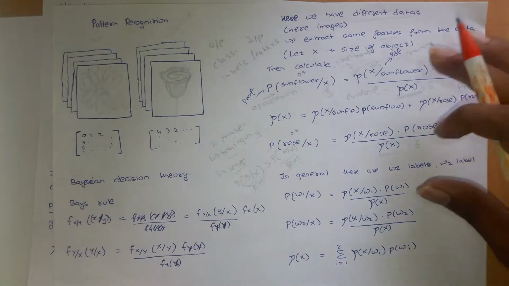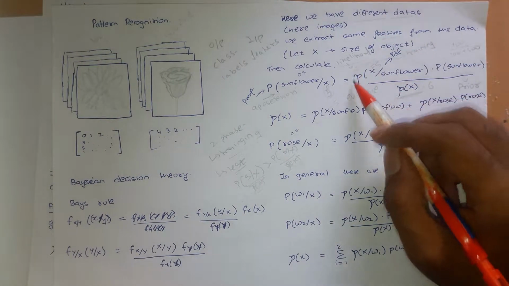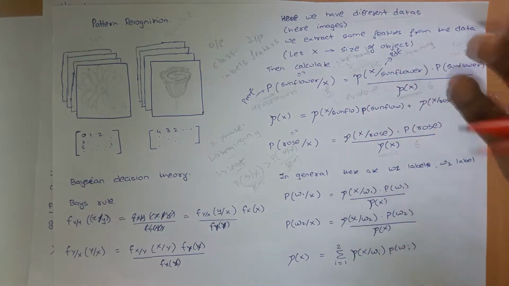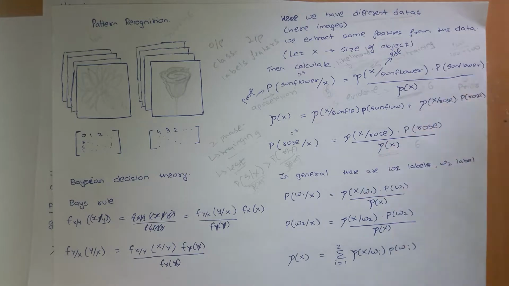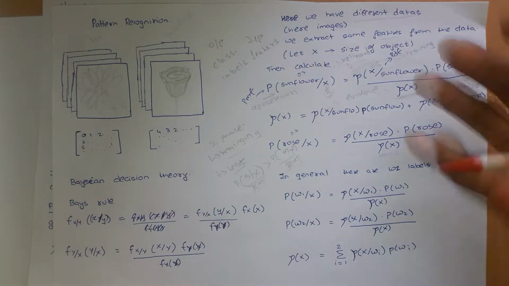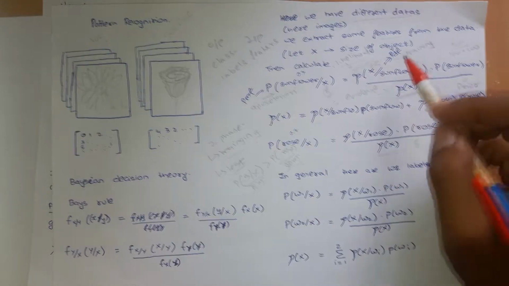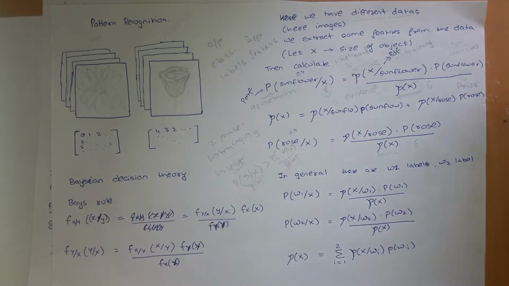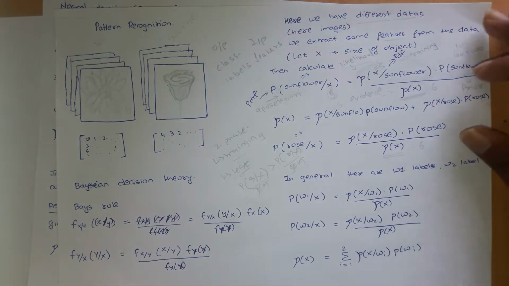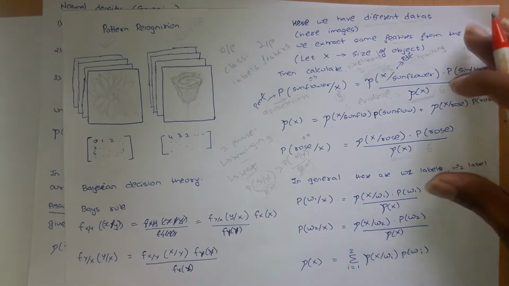Now this may or may not be true. You can put any distribution over here, but since we are just starting the course and are new to it, we are starting with the Gaussian distribution. So we'll assume that our likelihood follows a Gaussian distribution. So what does that mean?